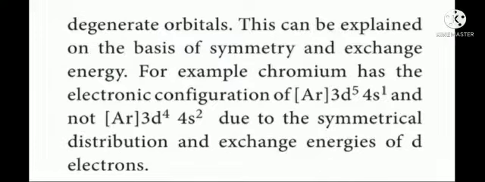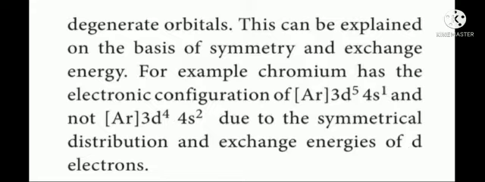For example, chromium has the electronic configuration of [Ar] 3d5 4s1 and not the configuration [Ar] 3d4 4s2, due to the symmetrical distribution and exchange energies of d electrons. For chromium, the expected configuration is [Ar] 3d4 4s2.